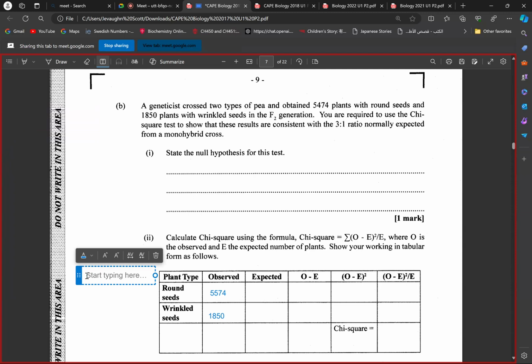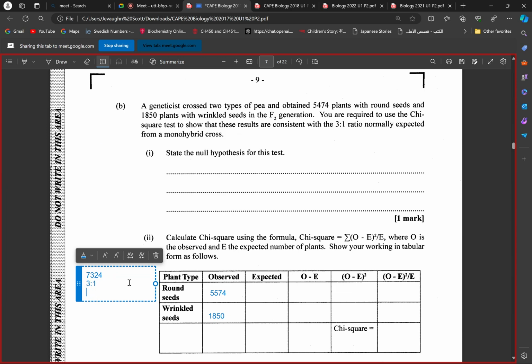For the expected, we first combine the two values to get our total, which is 7,324. Now we need to establish the 3 to 1 ratio.